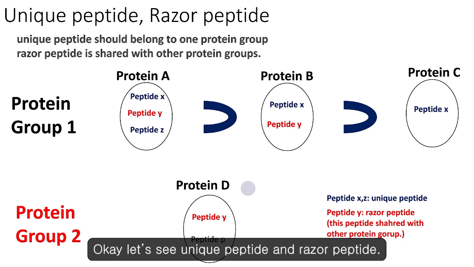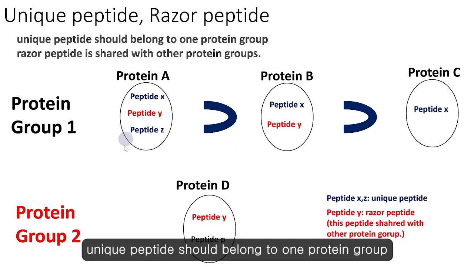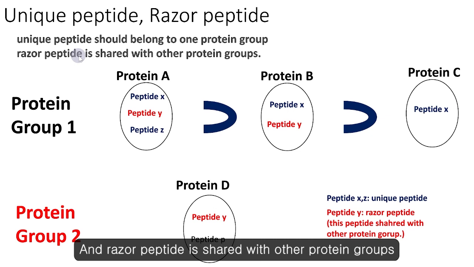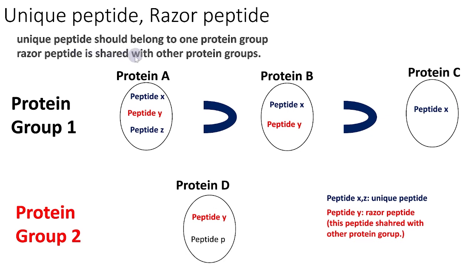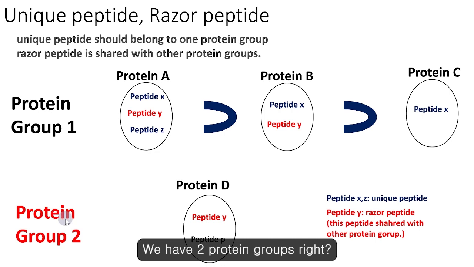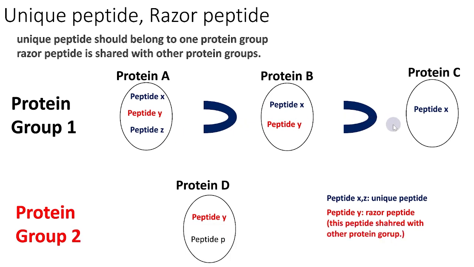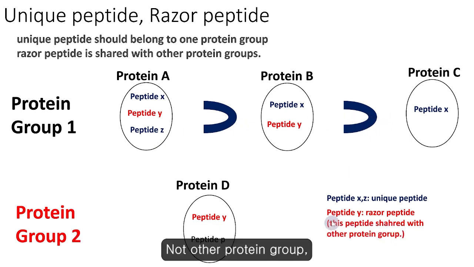Okay, let's see unique peptide and razor peptide. A unique peptide belongs to only one protein group, and a razor peptide is shared with other protein groups. We have 2 protein groups, right? Peptides X and Z are present only in protein group 1, proteins A, B, C, not in the other protein group.